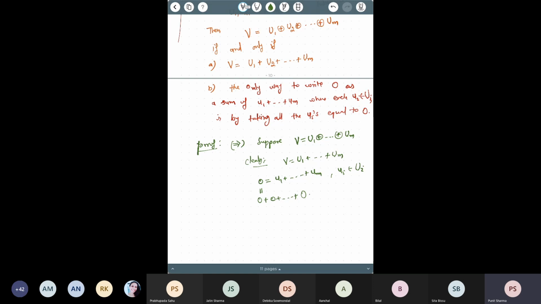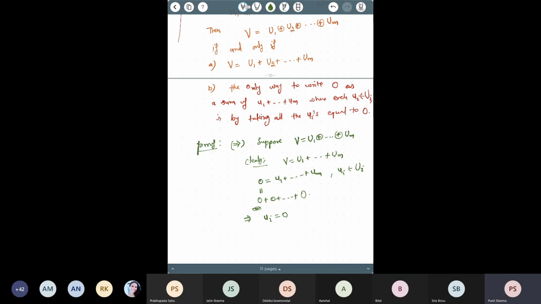Now 0 can always be written as a sum of zeros, so 0 plus 0 plus 0 and so on up to m times. And if we write 0 as u1 plus u2 and so on up to um, then this gives us two ways, but that is not possible because V is the direct sum. So this implies that each of these ui has to be 0.